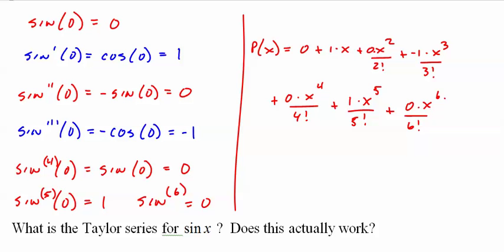We're going to go 7th degree, so we know the pattern: plus negative 1 times x to the 7th over 7 factorial.